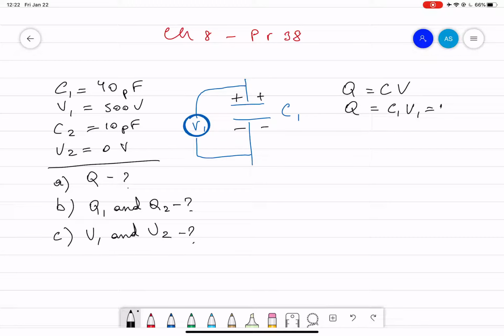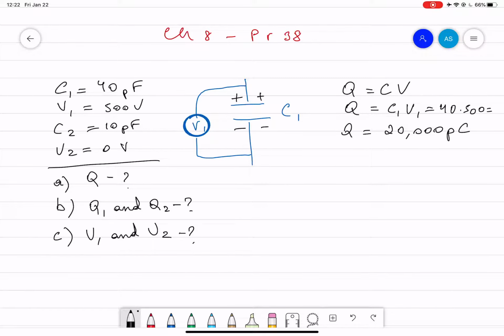So 40 multiplied by 500 should give you about 20,000 picocoulomb. Okay, this is the original charge which was accumulated in C1.